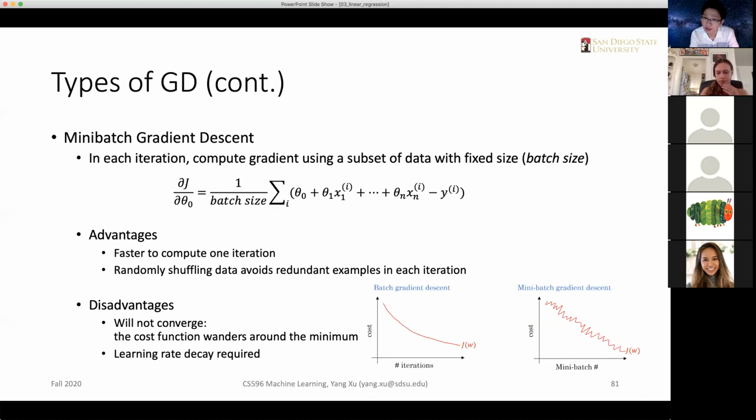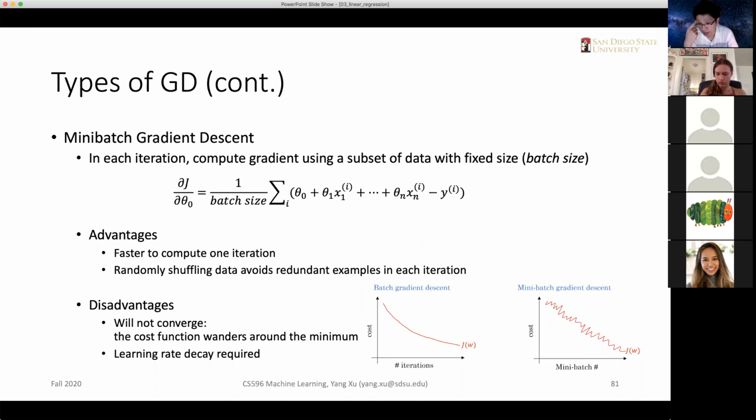You don't want the mini batch to be too small, because if you sample too few data points, there is more randomness in the gradients. You want a bigger mini batch if you want the gradients to be accurate.